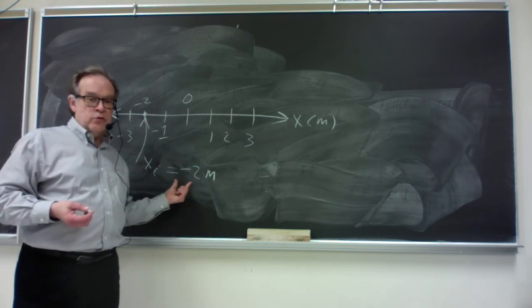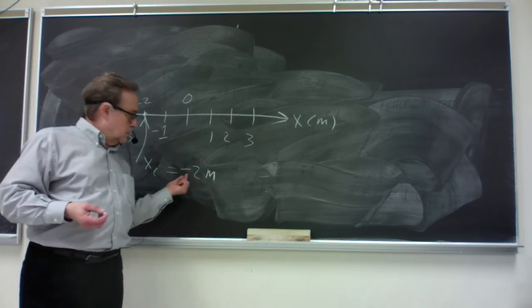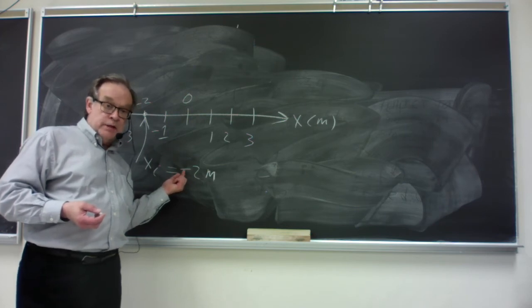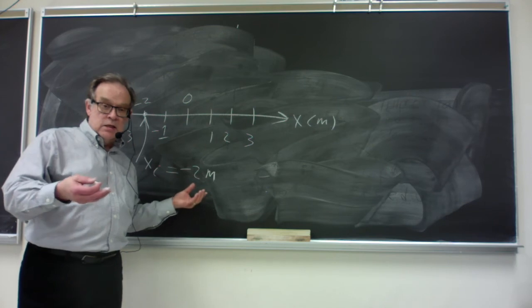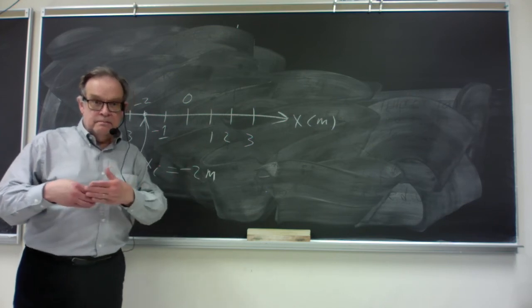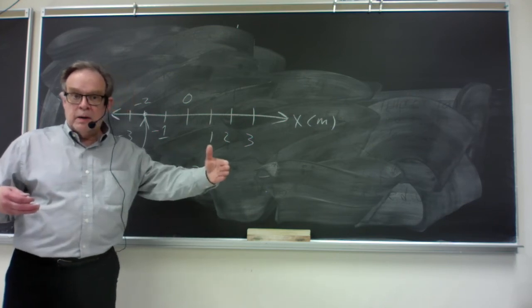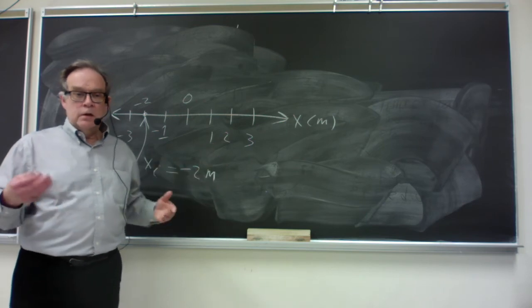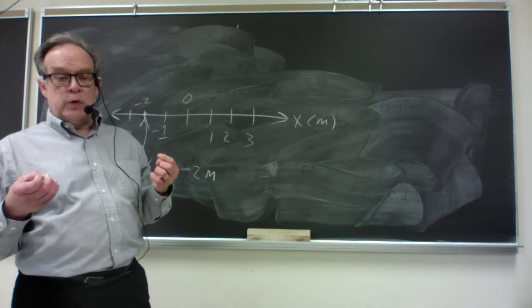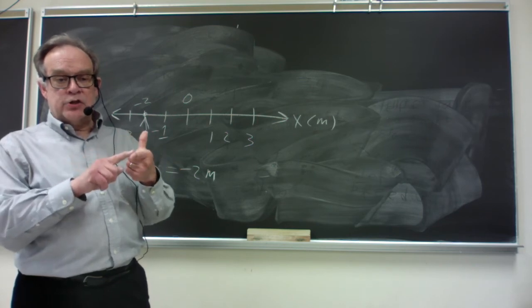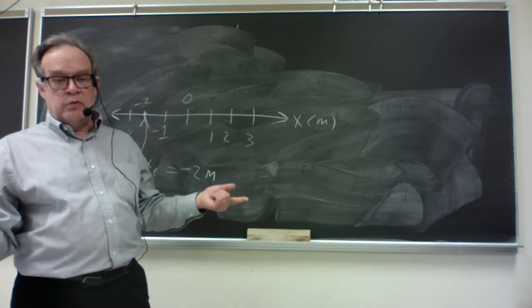So 2 pieces of information, a direction indicated by the sign, and a size indicated by the length through which you have to move. Anything that has those 2 elements, a size and a direction, we call a vector.